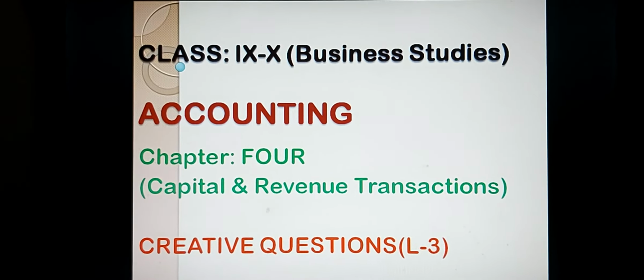What is the amount of capital expenditure and revenue expenditure? Requirement B has 2 parts. Part 1, capital expenditure. Part 2, revenue expenditure. So at first, I think you have written the amount of capital expenditure. Okay, match the answer with me. Capital expenditure. On April 1, new machine purchased taka 1,60,000.